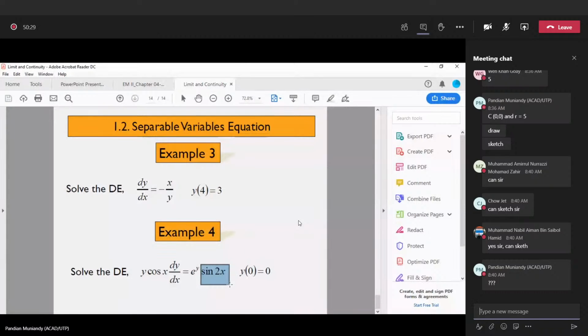Now you find your c. In order to find c, you must put x = 0, y = 0. So minus 0 e^(-0) minus e^(-0) equals minus 2 cos 0, which is 1, plus c.